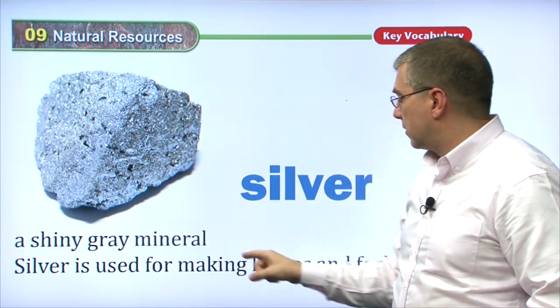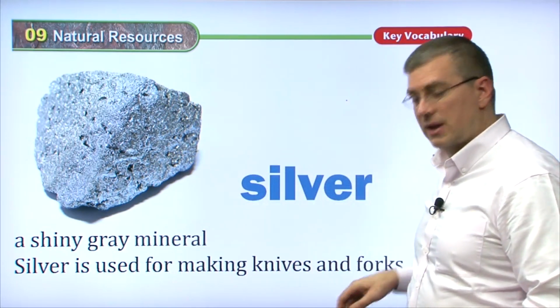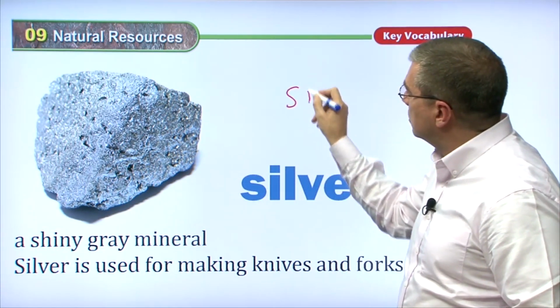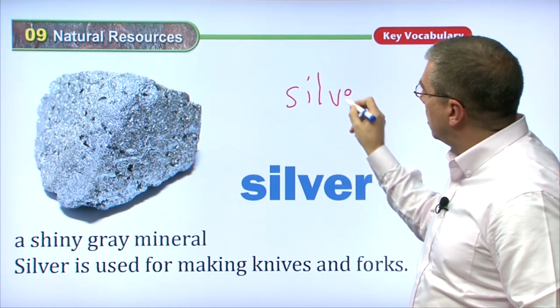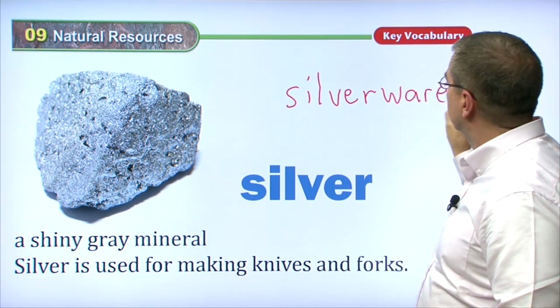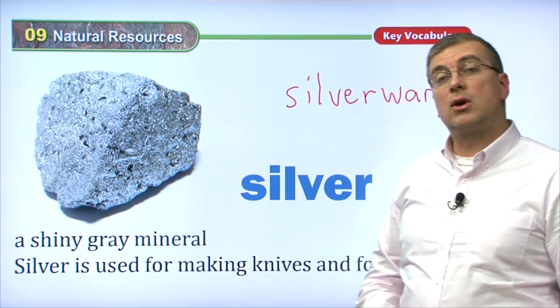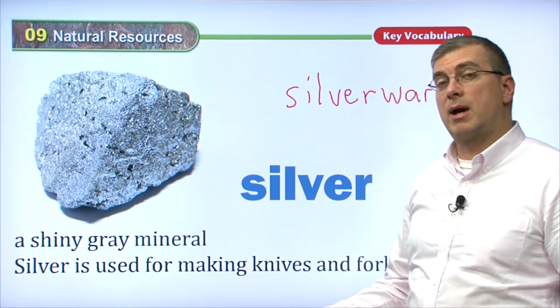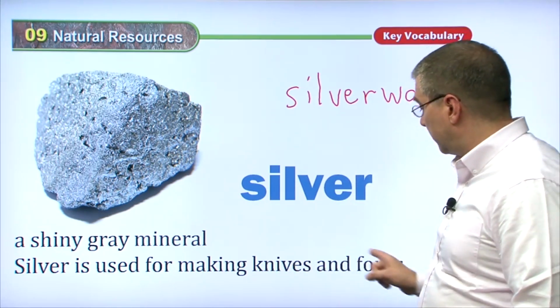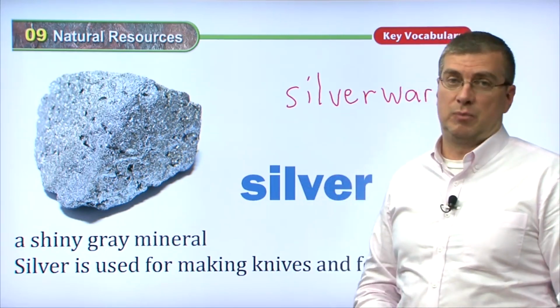Silver is used for making knives and forks. In fact, we have a word in English that we usually use to talk about that, and we call it silverware. If you go to somebody's house and they talk about where is the silverware, they're talking about the knives, the forks, and the spoons.